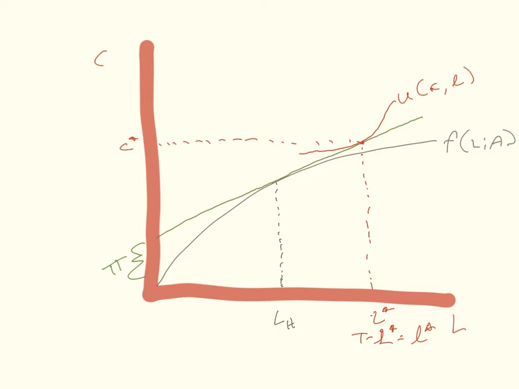However, it wants to work L star given its preferences. Right? So if it wants to work L star, it only needs LH on the farm. What will it do? Well, it'll sell this gap between L star and LH as labor that it sells to market.